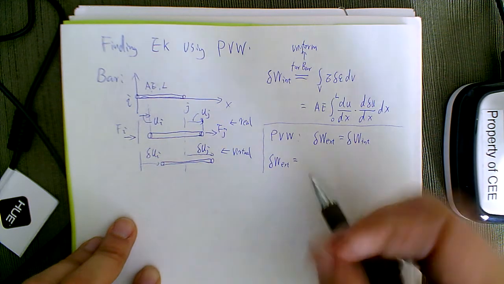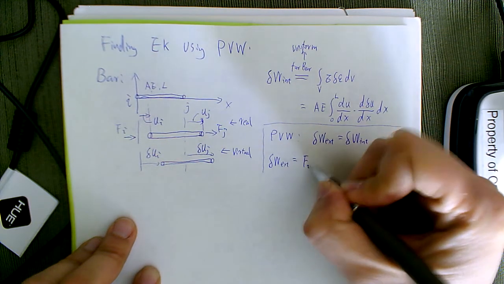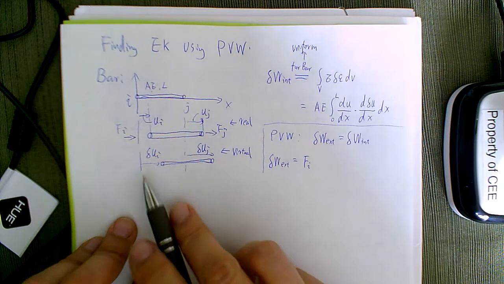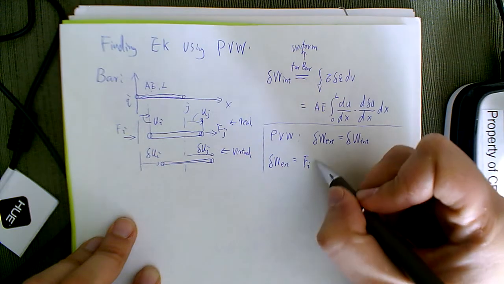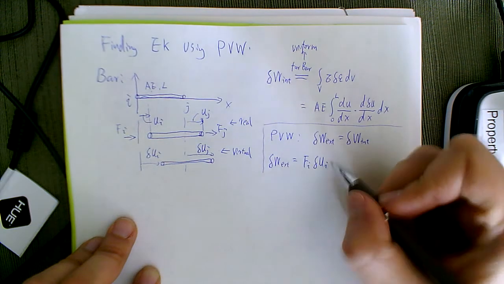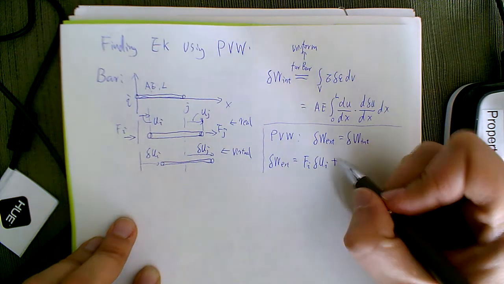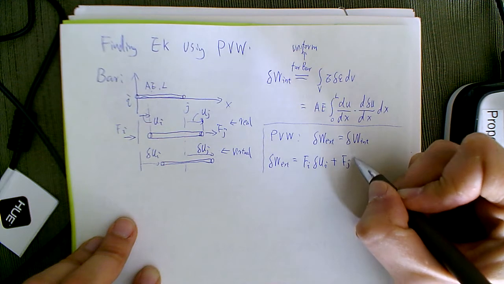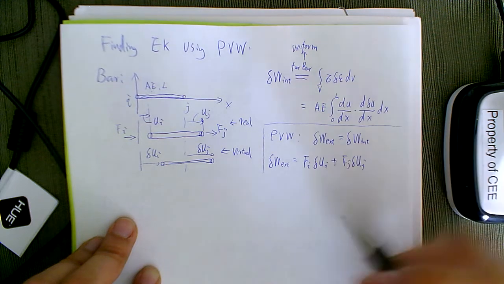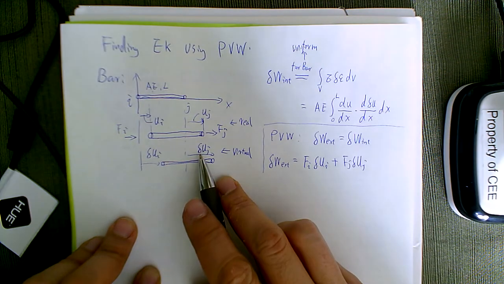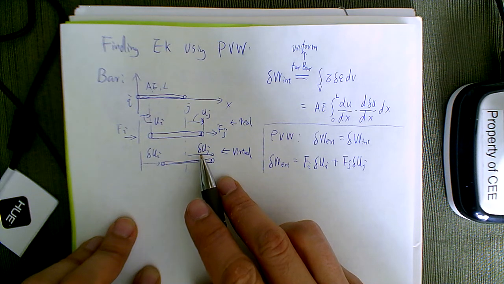So we have two real forces. We have Fi, which is real, doing work on virtual displacement delta Ui, and then we have another force doing work. Are there any other external forces? No, nothing, no other external work for this element.